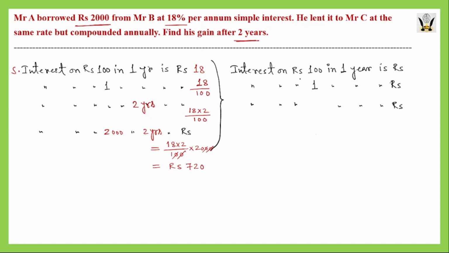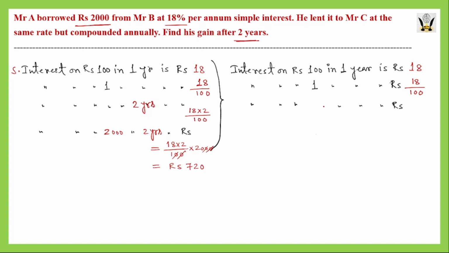So interest on rupees 100 in 1 year is rupees 18 because the rate of interest is same. Now on rupees 1 in 1 year the interest will be definitely 18 divided by 100. We are reducing from 100 to 1, so the interest will be reduced proportionately.